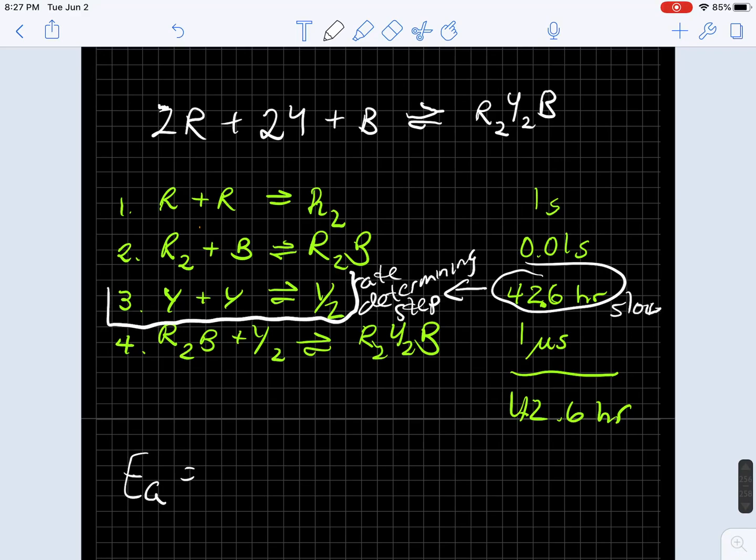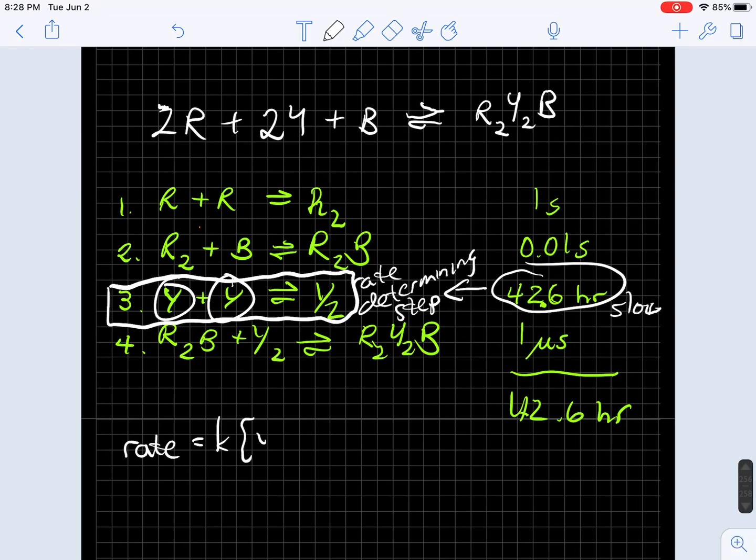Now, the rate law is based upon what's happening in the rate determining step. And we take a look at what's called the molecularity of the rate determining step. In this case, it involves two particles of Y. And so when we write the rate law, we would say that this is bimolecular, meaning two particles, two molecules, bimolecular, with respect to step 3. So our rate law is going to be rate is equal to K for step 3, although people don't usually write the step as a subscript.